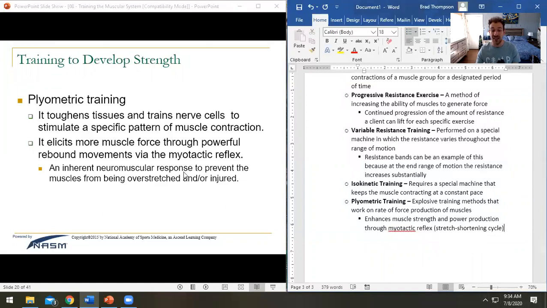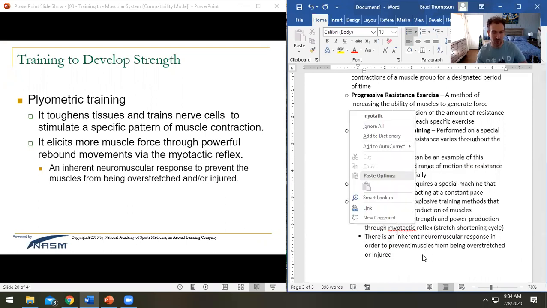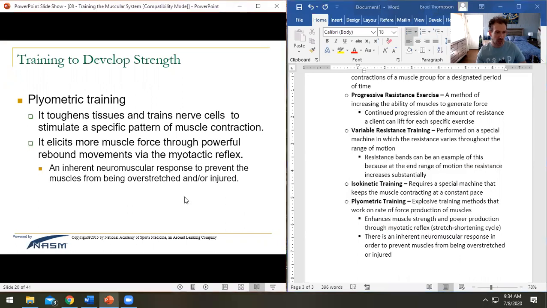So there is an inherent neuromuscular response that happens in order to prevent muscles from being overstretched or injured. That's actually what's so cool about that. I love that one.